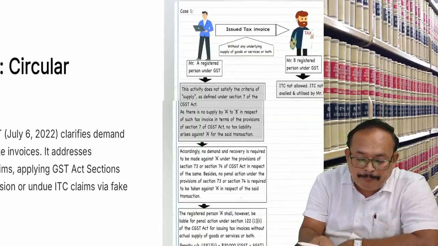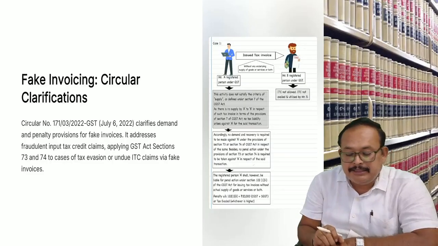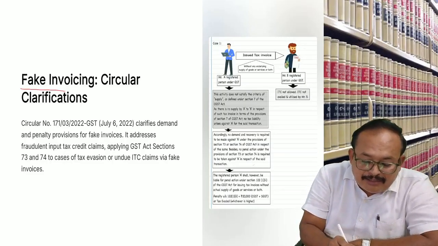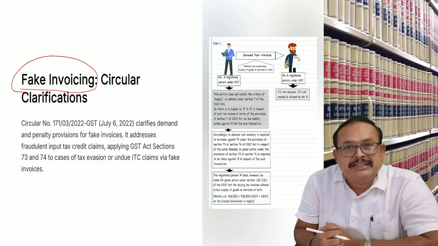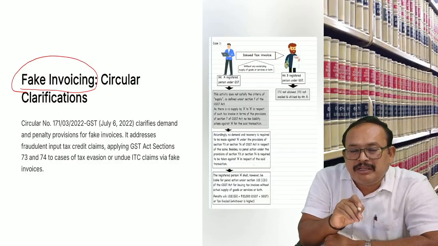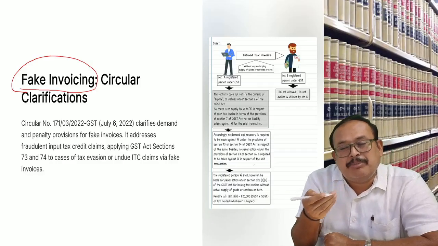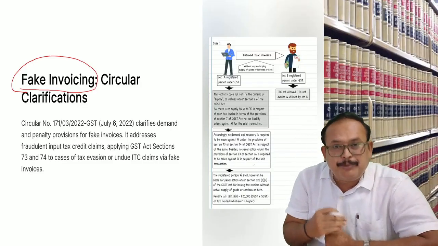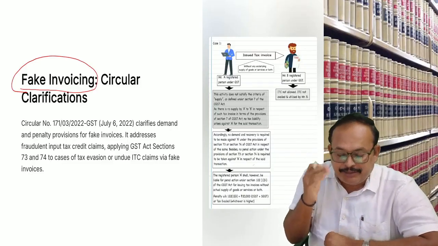Now, dear friend, I issue the fake invoice, Raja. Issue the fake invoice, meaning what? Invoice issued without supply of the goods. Now, I will put it in a simplified manner like this.